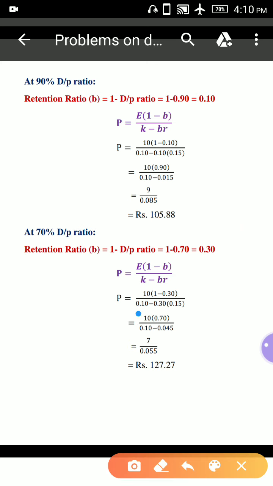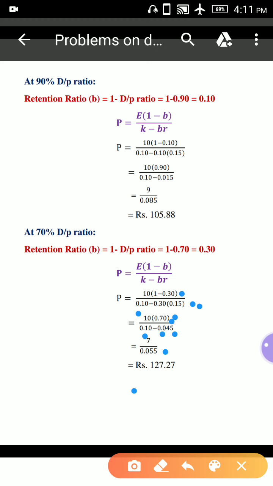10 into 1 minus 0.30 means 0.70, divided by 0.10 minus 0.30 into 0.15, that is 0.045. That is 10 into 0.70, 7, divided by 0.10 minus 0.045, that is 0.055.